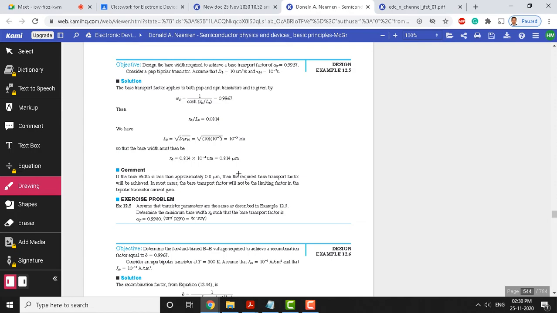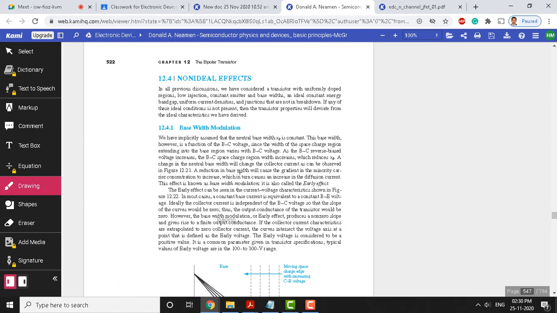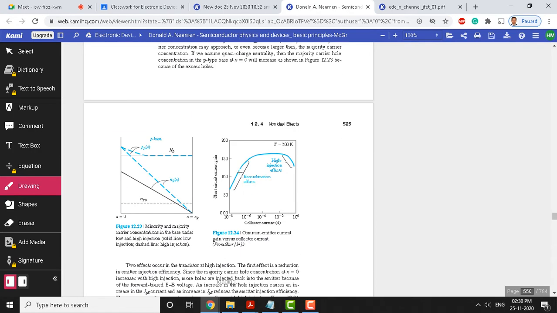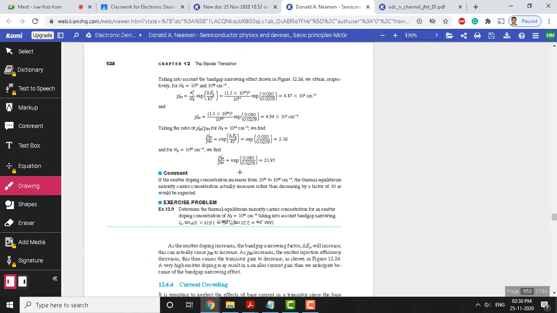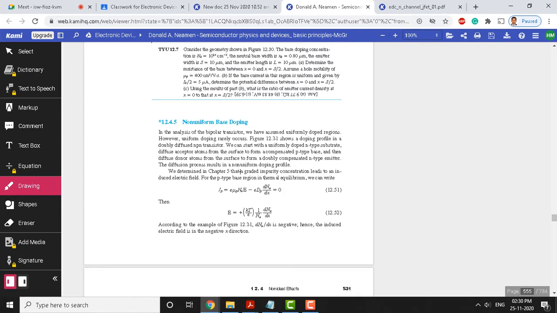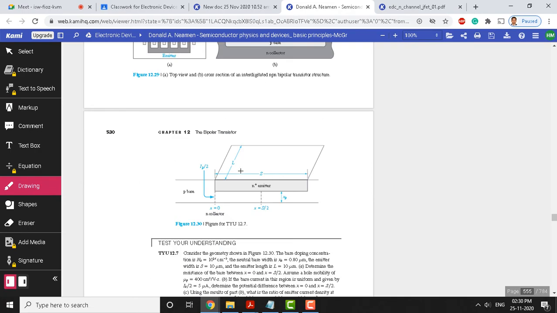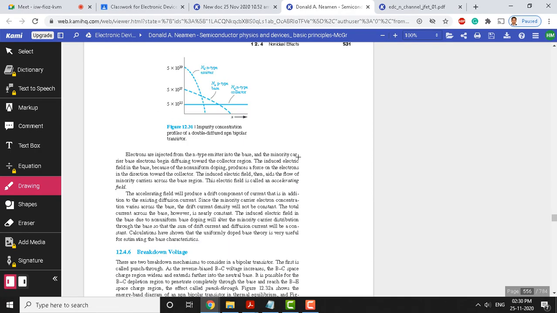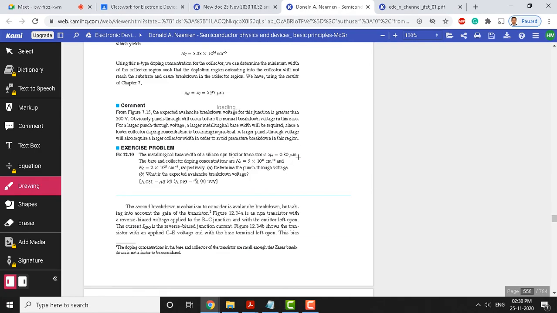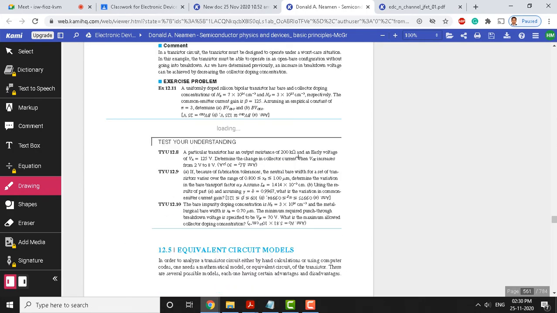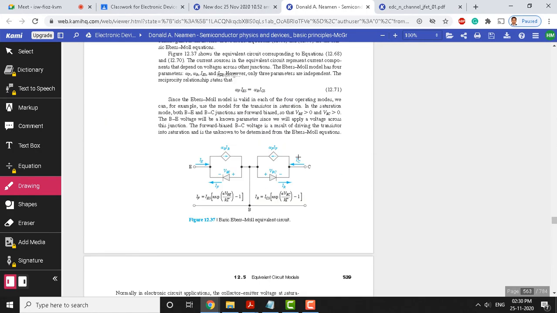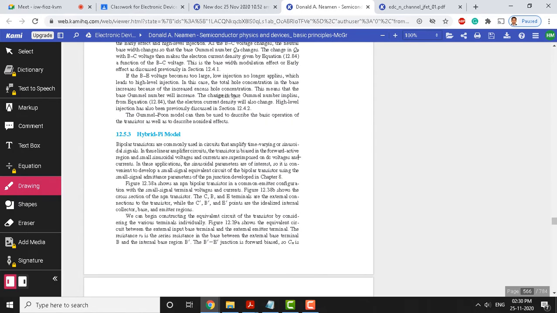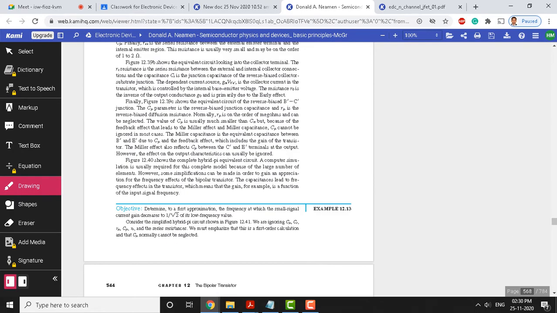You need to refer to the 13th chapter for JFET. Okay, let us move straight away into chapter 13. These are all of BJT.